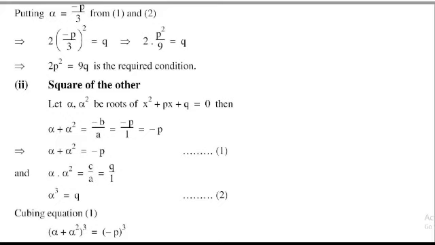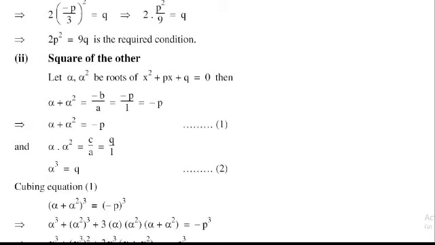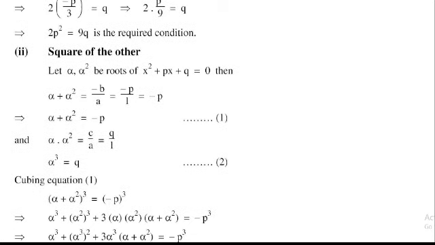It means alpha plus alpha square whole cube can also be written in formula form, that is alpha cube plus alpha square whole cube plus 3 alpha into alpha square into alpha plus alpha square is equal to minus p cube.